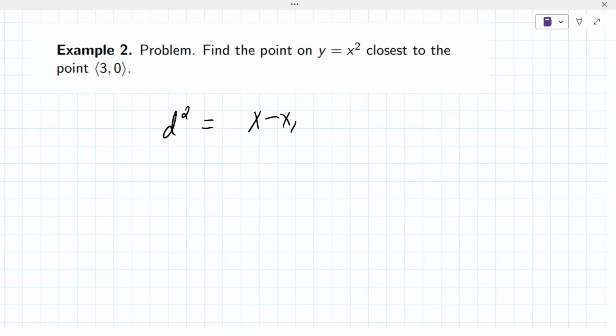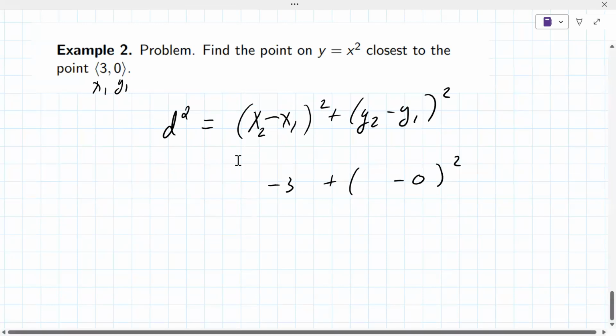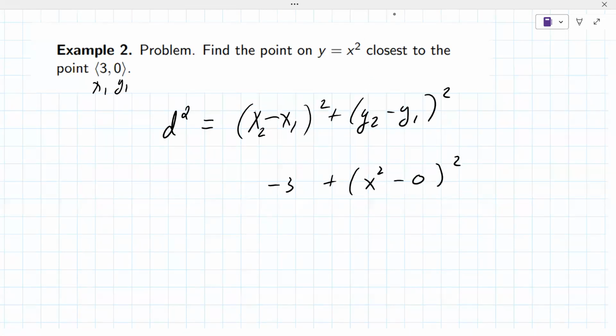Let me do it correctly. x2 minus x1, squared, plus y2 minus y1, squared. So this is your ordered pair, x1 and y1. And then minus 0. And then your y is the function x squared, and your x is x. That's squared.